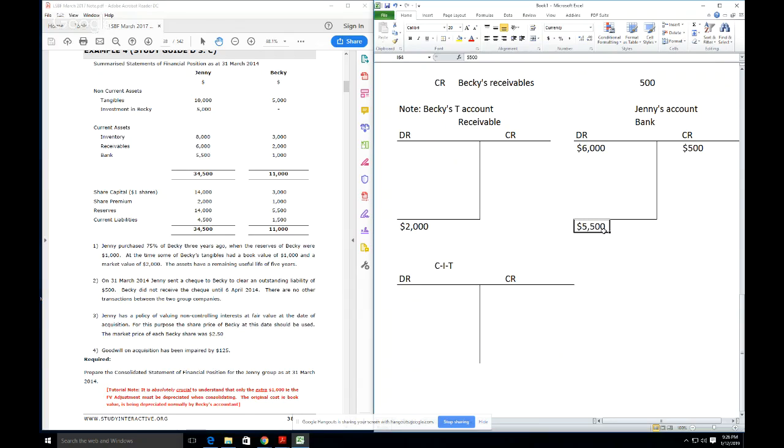This is carried forward to balance this up, carried forward down here, 6,000, and brought down. I guess you understand what I mean. Balance here, 2,000.